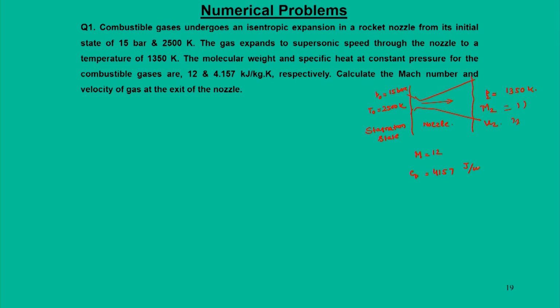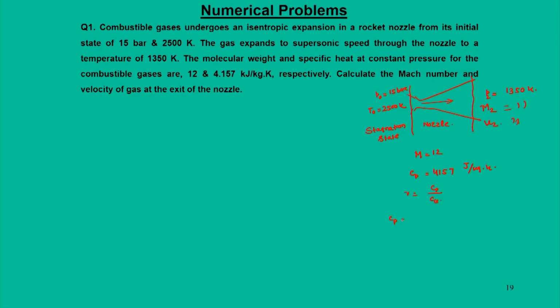joule per kg Kelvin. By knowing this information, if you recall, we need the value of gamma, which is nothing but Cp by Cv. We do not have information on Cv.